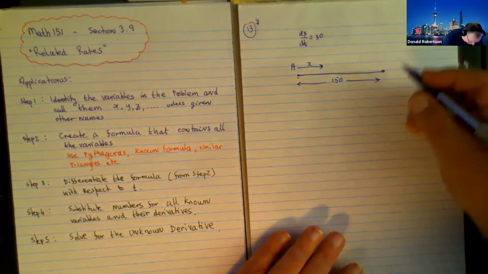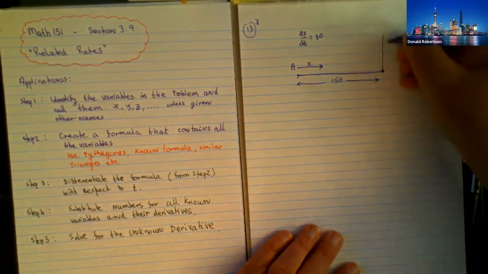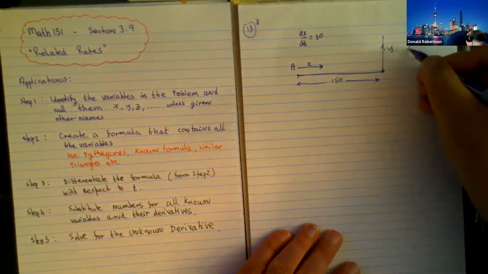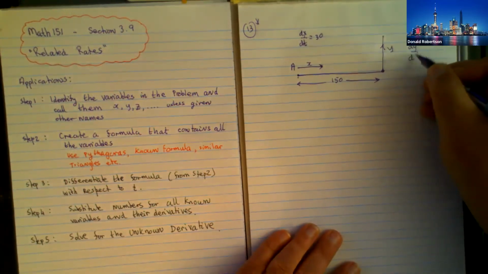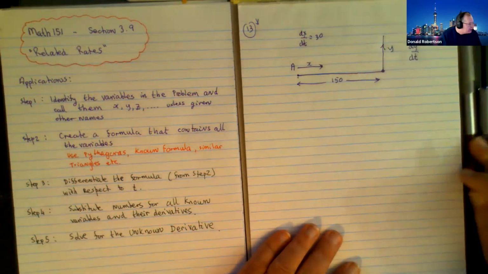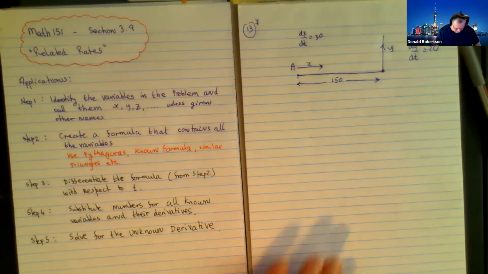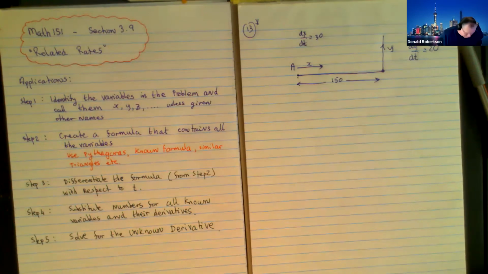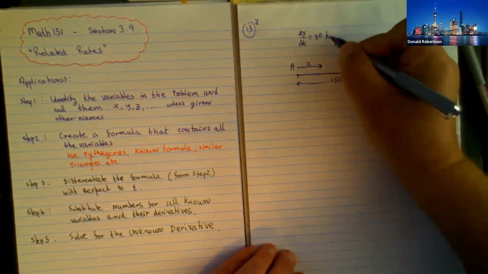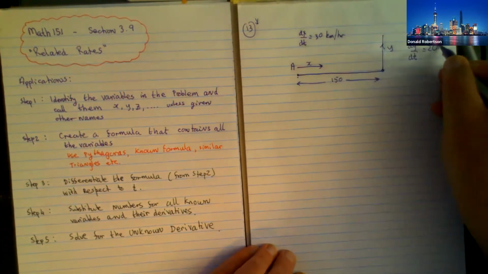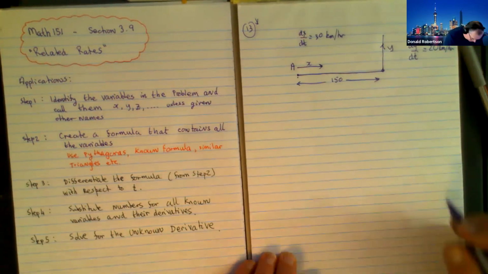And ship B is sailing north, so it's going to sail that way, and I'm going to call that distance y. And the rate at which it is sailing, I'm going to call dy by dt, and that is 20 kilometers per hour. And here's the question.